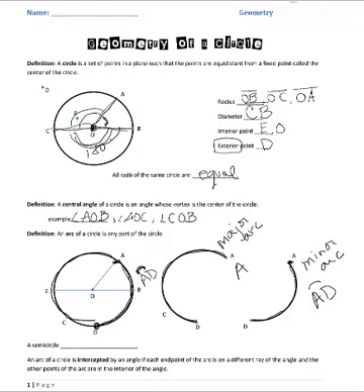If we wanted to go from A to D the long way around, we'll give you another letter that you're going to hit along the way, like C, and put an arc over all of those. So ACD would mean you'd go the long way around, connecting A to C and then D. AD would mean the short way, the minor arc, and we wouldn't have any letters in between.